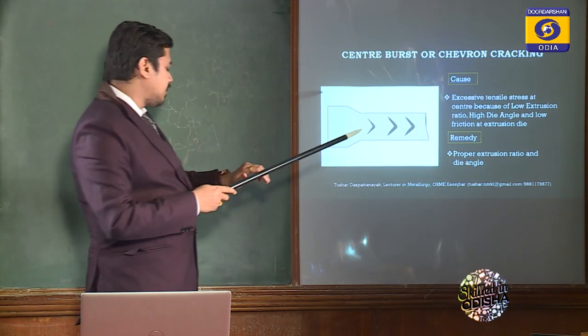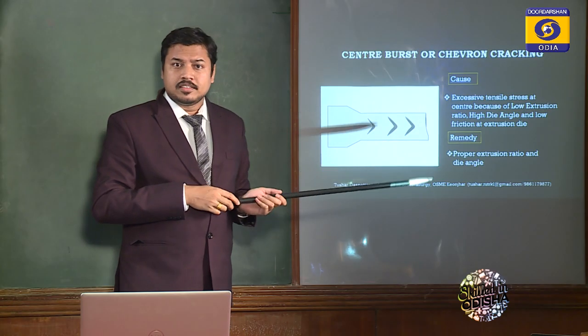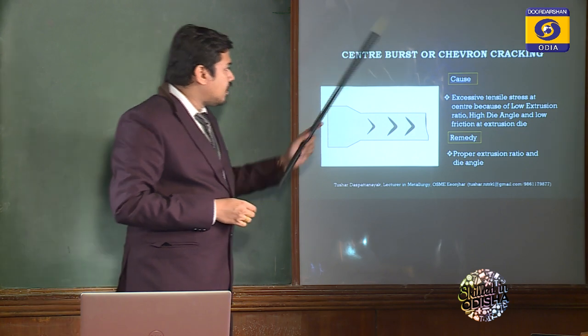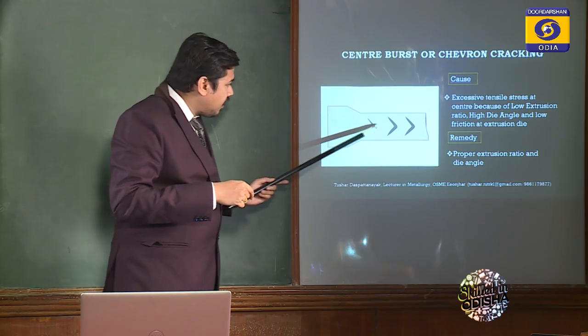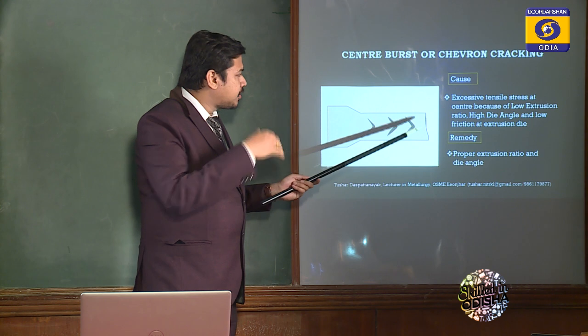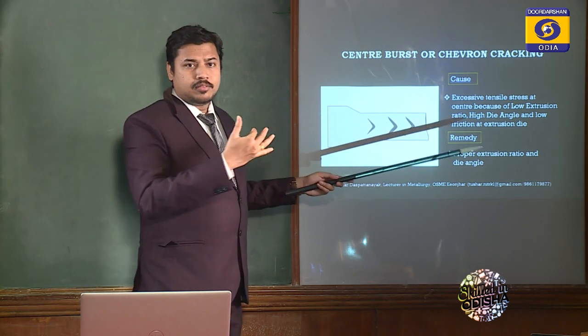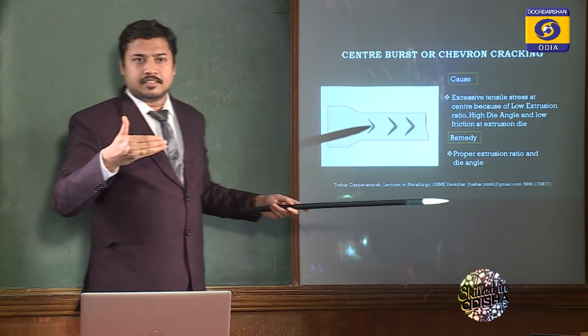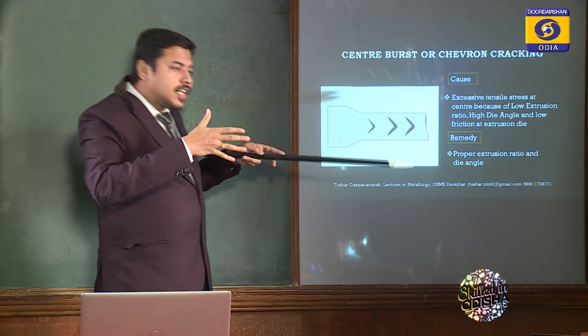Next, we'll go for center burst or chevron cracking. This is a very, very important defect in case of extrusion. First is this chevron. Chevron means V-shaped crack. During extrusion, if friction is higher, or extrusion ratio is low, or die angle is higher, that means the billet tries to gush through the center.